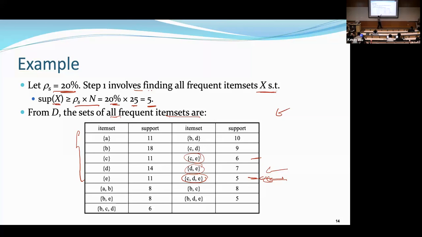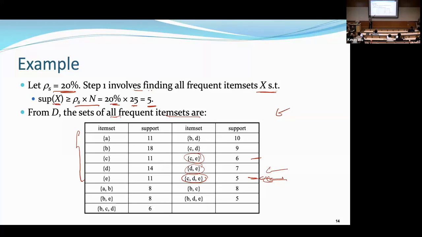And if you look at this table, an interesting thing that you find is that if CDE is a frequent item set as listed in this table, so are all the subsets of CDE, right? Any subset of CDE, let's say CD is here, let's say CE is here, let's say D is here. So that's why all of the support counts are already available, right?